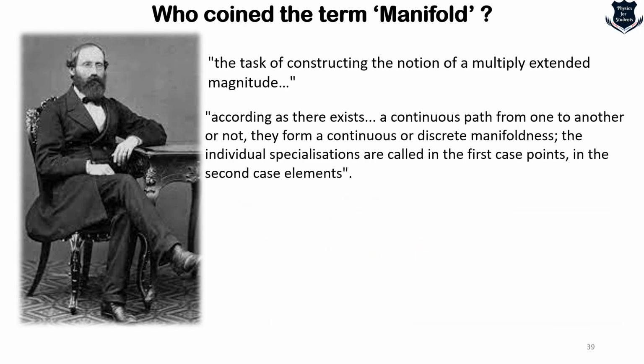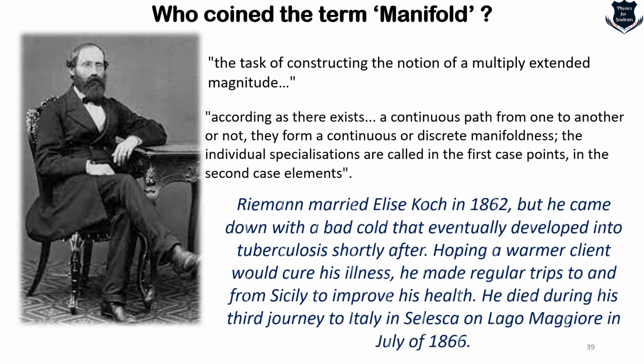So now you understand why he used this word, which means magnitude, and magnitudes can be many, a variety, a lot, which involves diversity. So that is why he constructs the notion of a multiply extended magnitude.